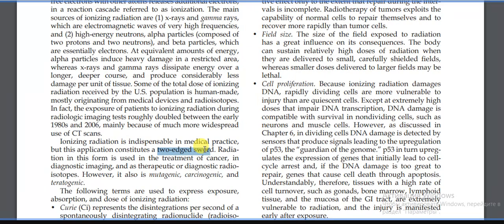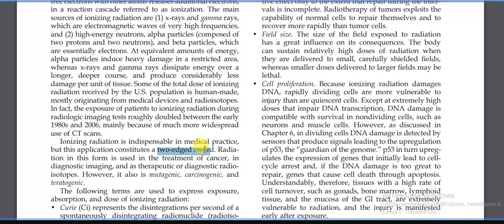You know what mutagenic and carcinogenic mean from the topic of oncology when we discussed neoplasia. But what is teratogenic? It's damage which happens during the formation of the embryo.